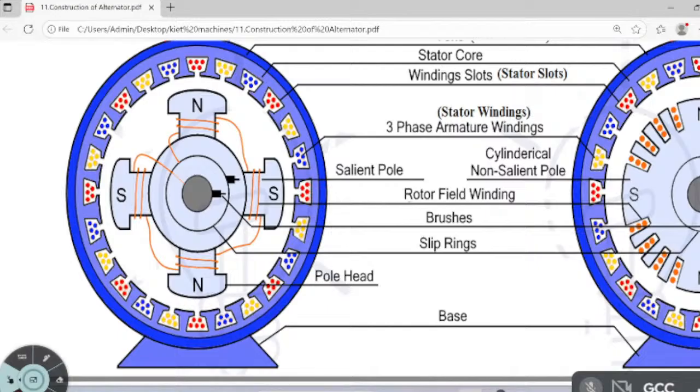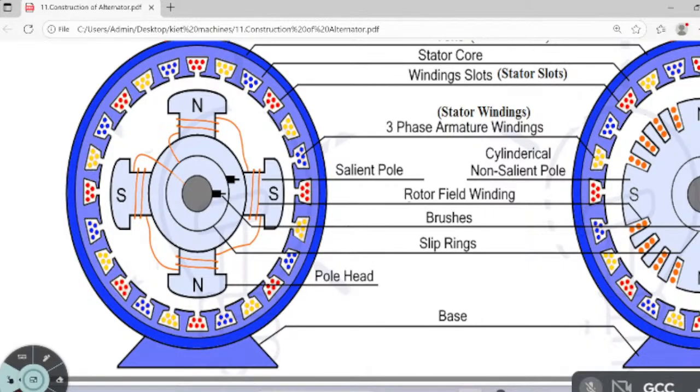But they are three phase, 120 degrees electrically apart. And now the rotor has field winding, field north pole, south pole, north pole, south pole, and slip rings and brushes.